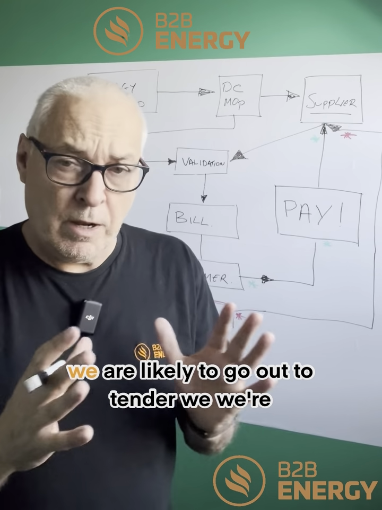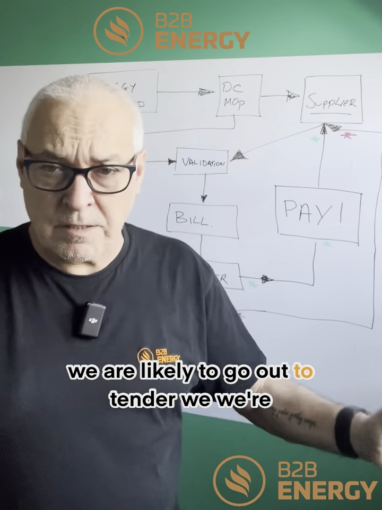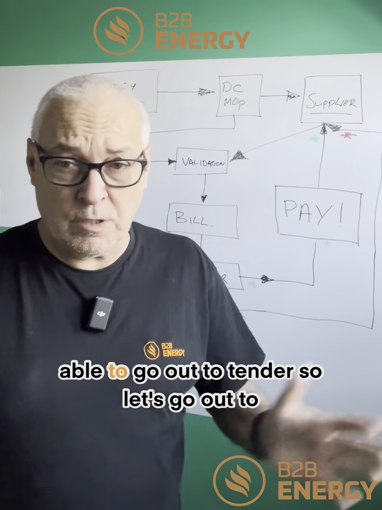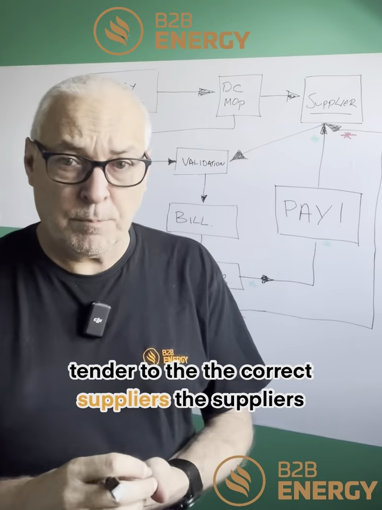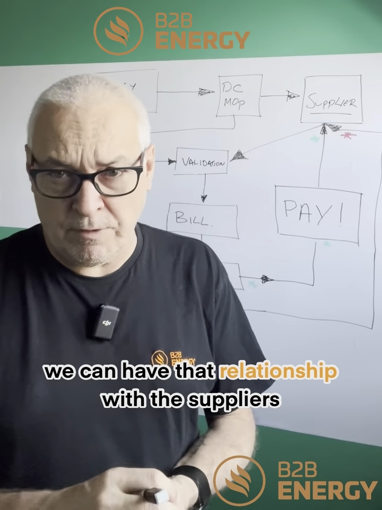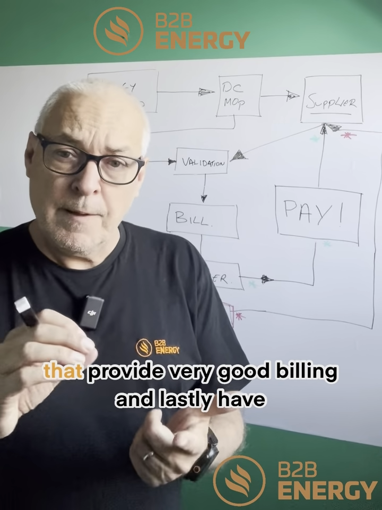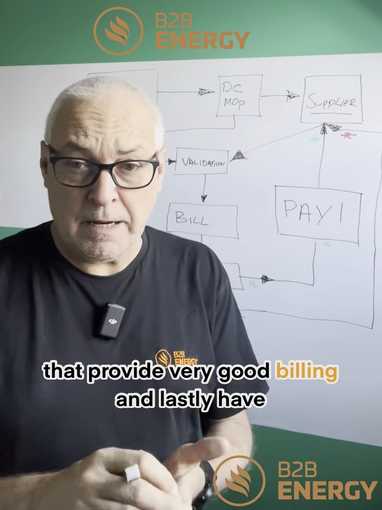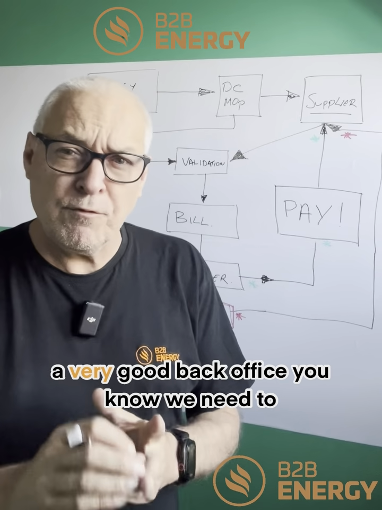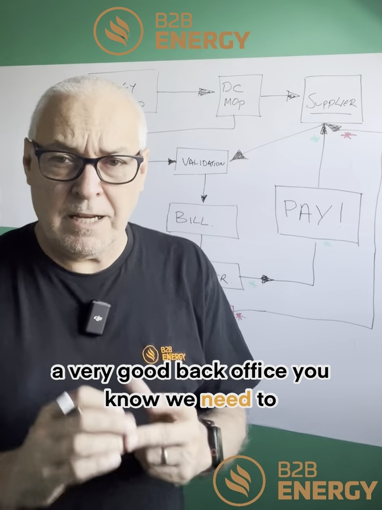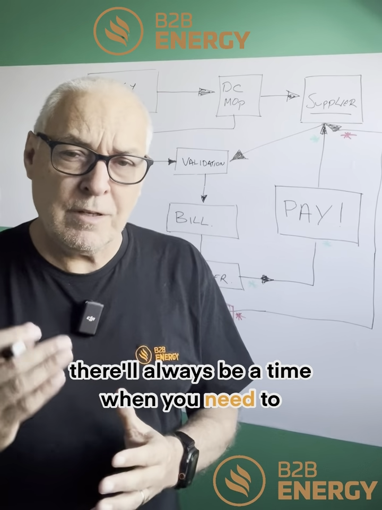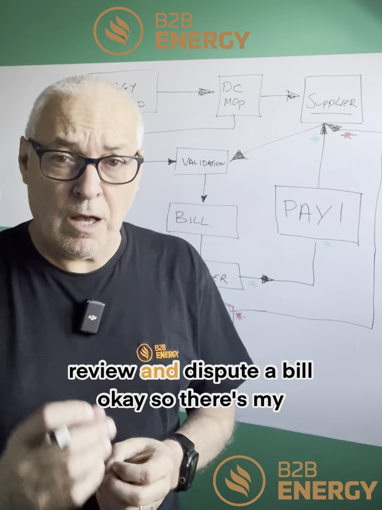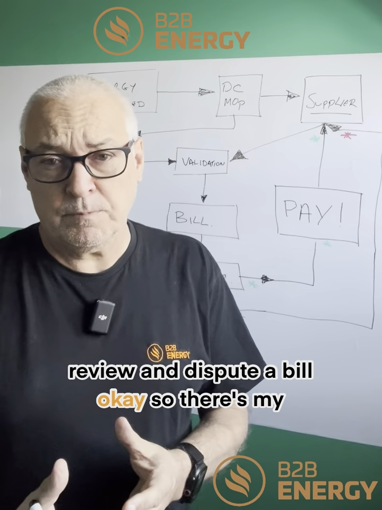We are able to go out to tender, so let's go out to tender to the correct suppliers, the suppliers we can have that relationship with, the suppliers that provide very good billing, and lastly, have a very good back office. We need that relationship where we can work together, because there will always be a time when you need to review and dispute a bill.